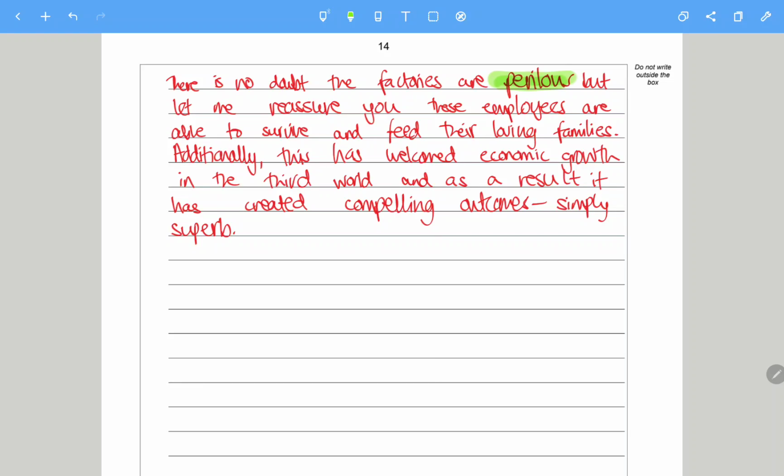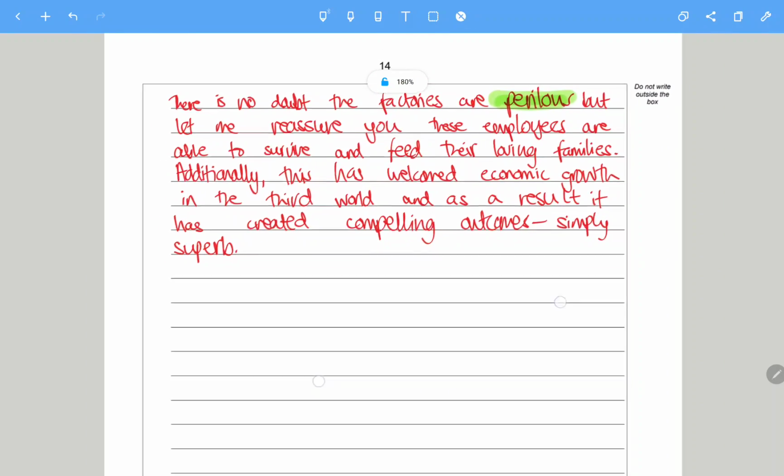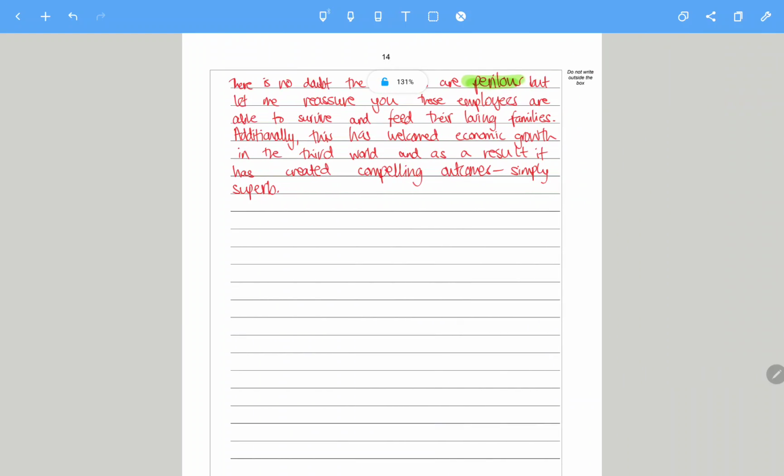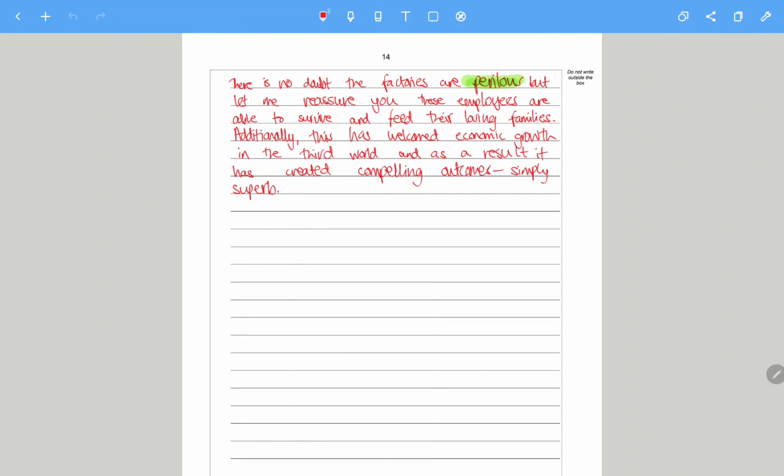Okay, so if I go back to my first page, I can tick off the ambitious vocabulary. And have we used any other ambitious vocabulary within this paragraph? Okay, let's have a look. It may be here somewhere.